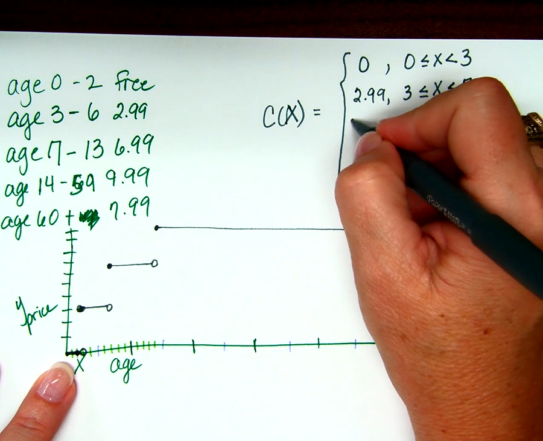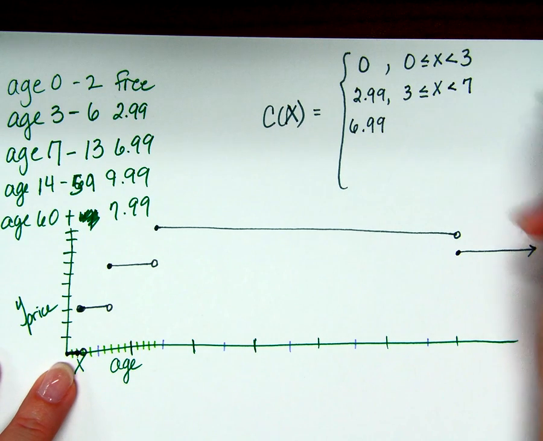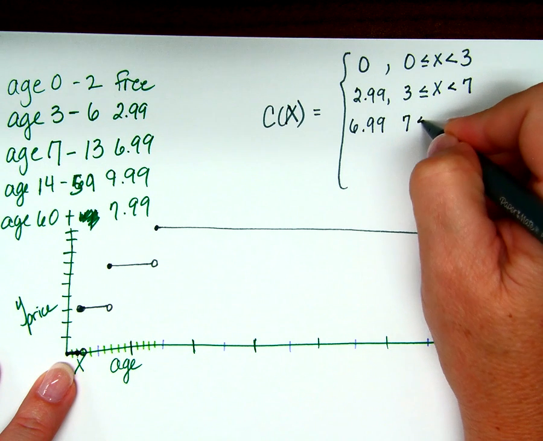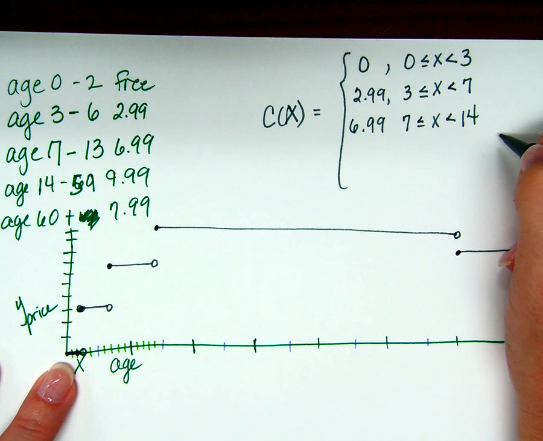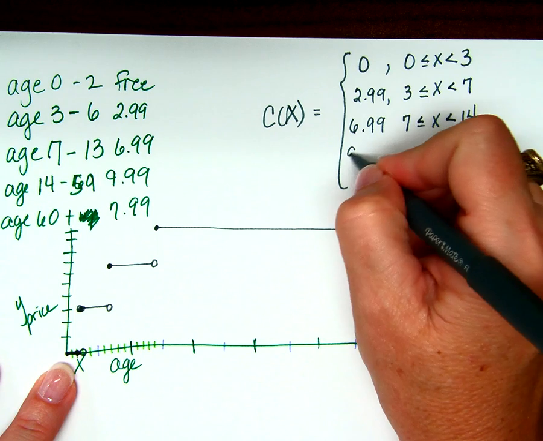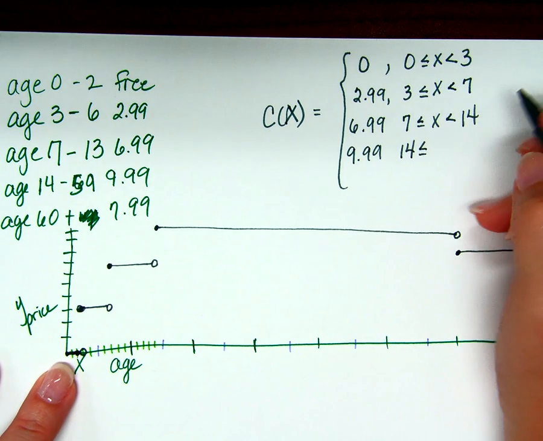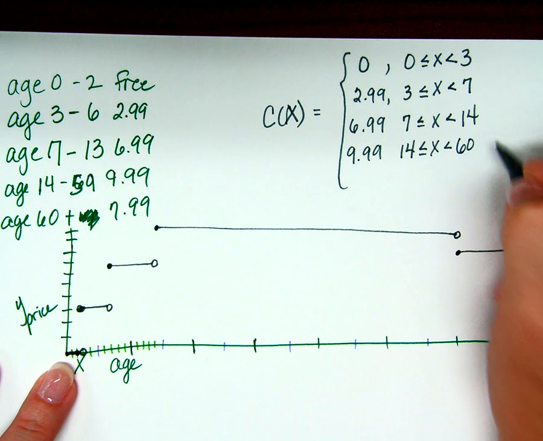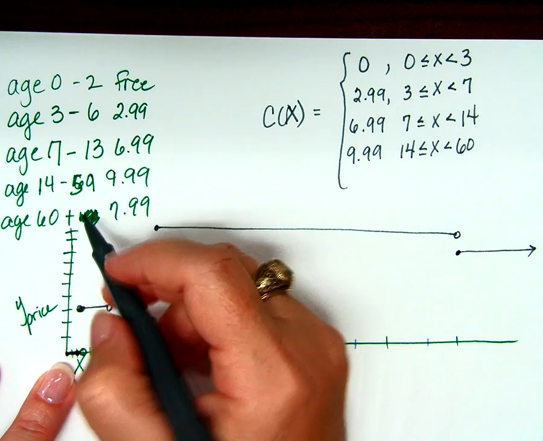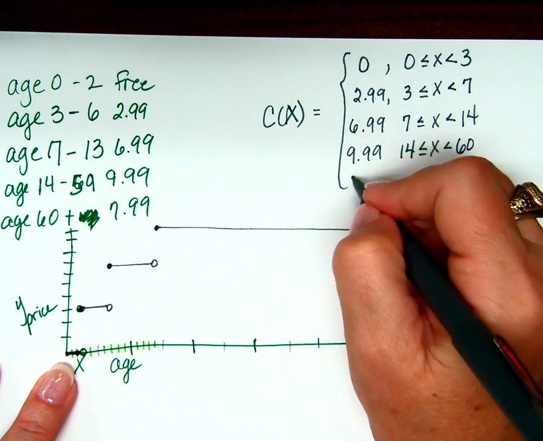Then it jumps to $6.99 everywhere from 7 all the way to 14, but not including 14, because 14 starts the $9.99. From 14 to 60, right? All the way to 60, not including 60 though, because 60 is the $7.99.